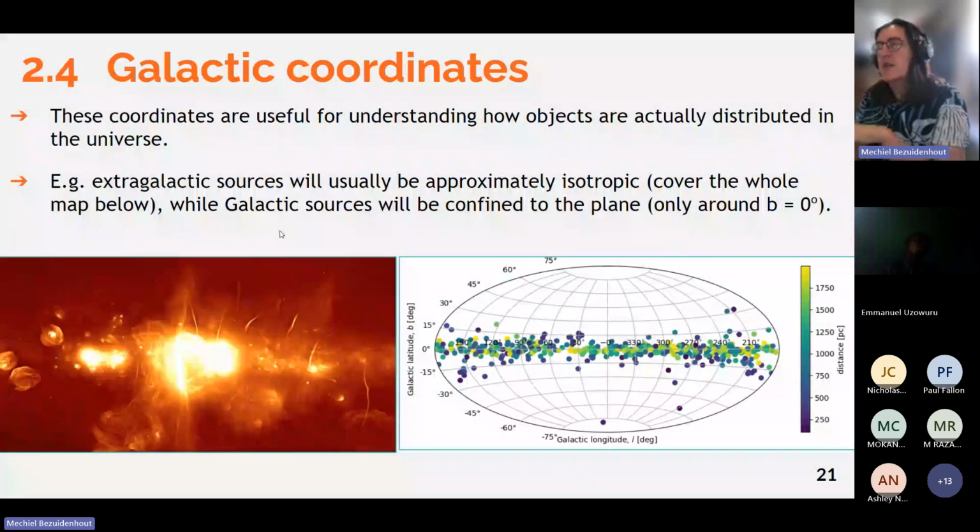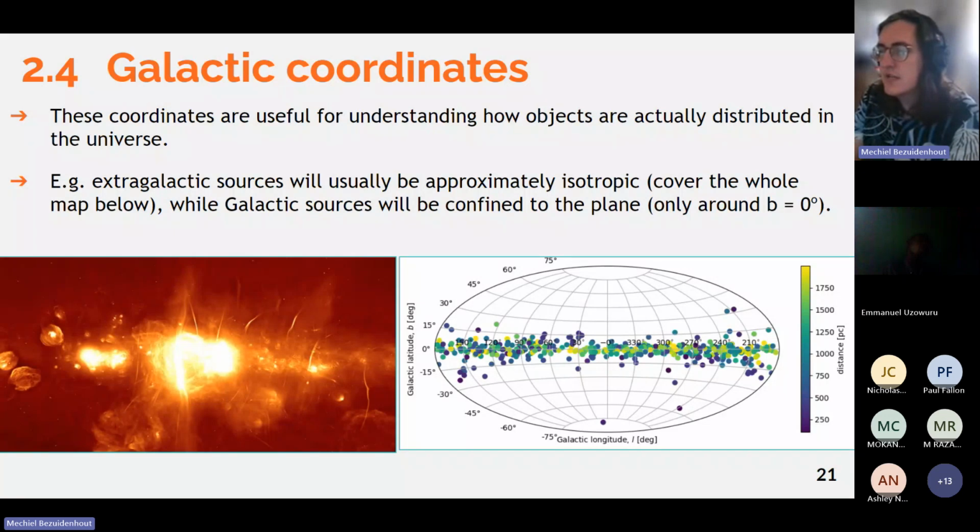We can use equatorial coordinates to track objects as they are observed from the Earth. But if we want to understand how these objects are distributed in space, without the effect of looking from the Earth, it's almost like we're standing outside the galaxy, looking as an outside observer.